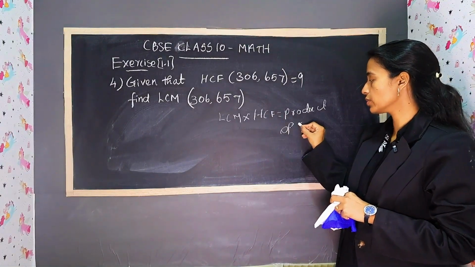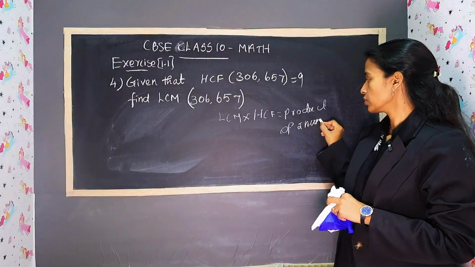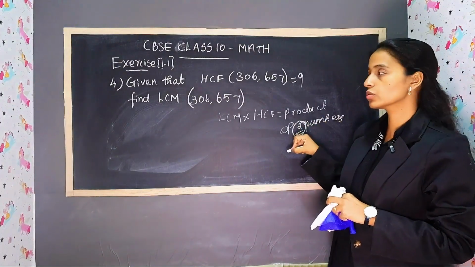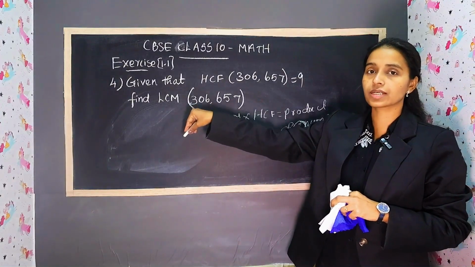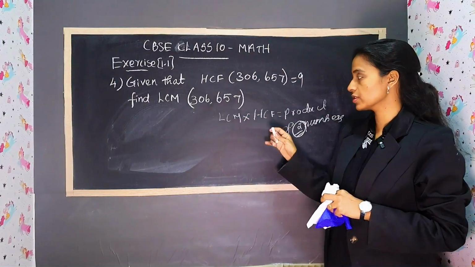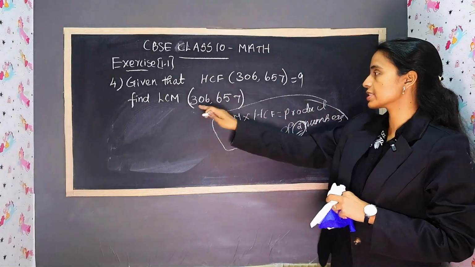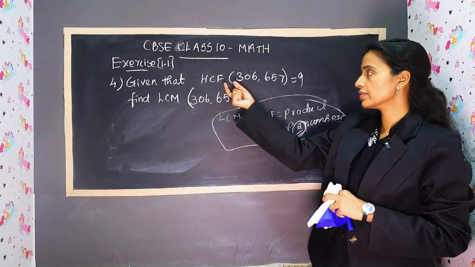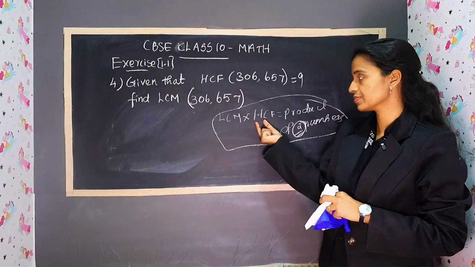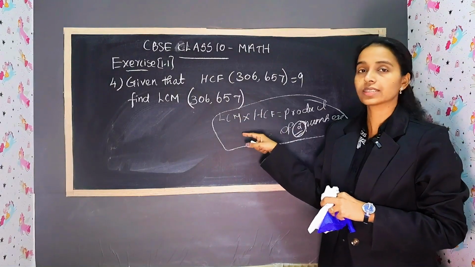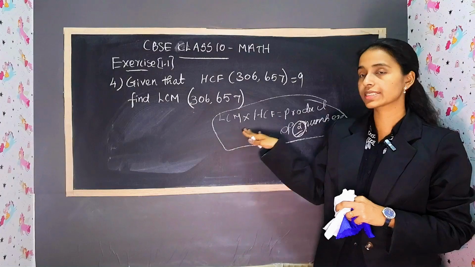These two numbers are the given numbers 306 and 657. So from this formula we are going to find out LCM by applying the value of HCF here, and from that you can find out LCM easily.